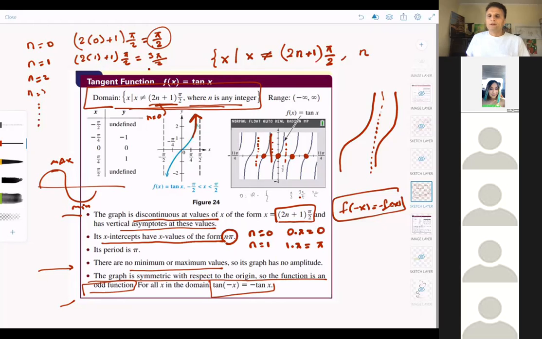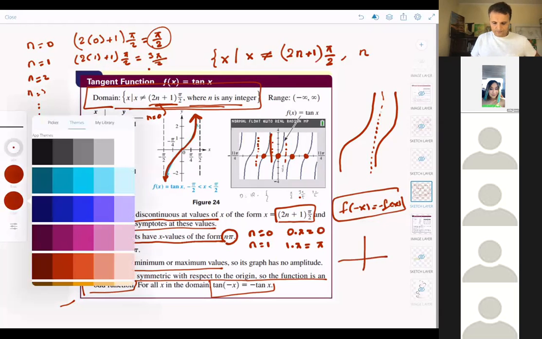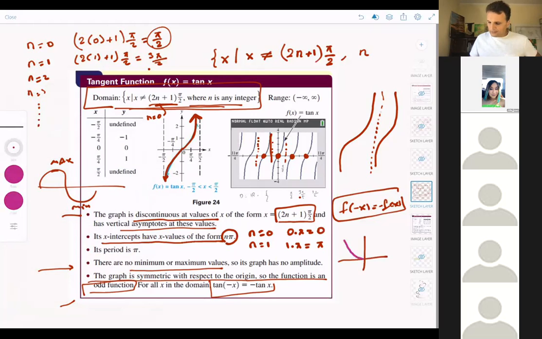One of the properties of an odd function was that if you reflect it through the origin, you will get the other part. That was odd. For an even function, the y-axis will cut the graph exactly in half. This is even.